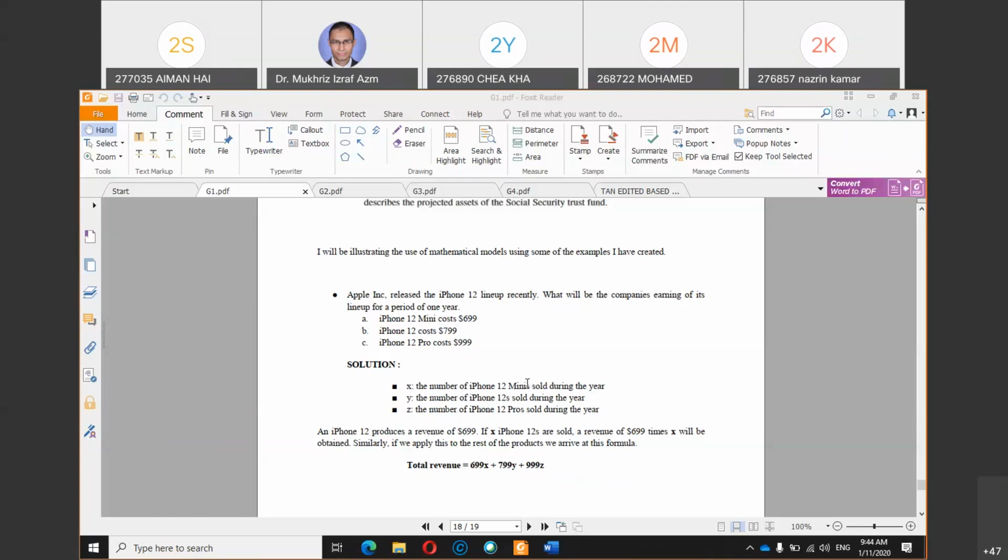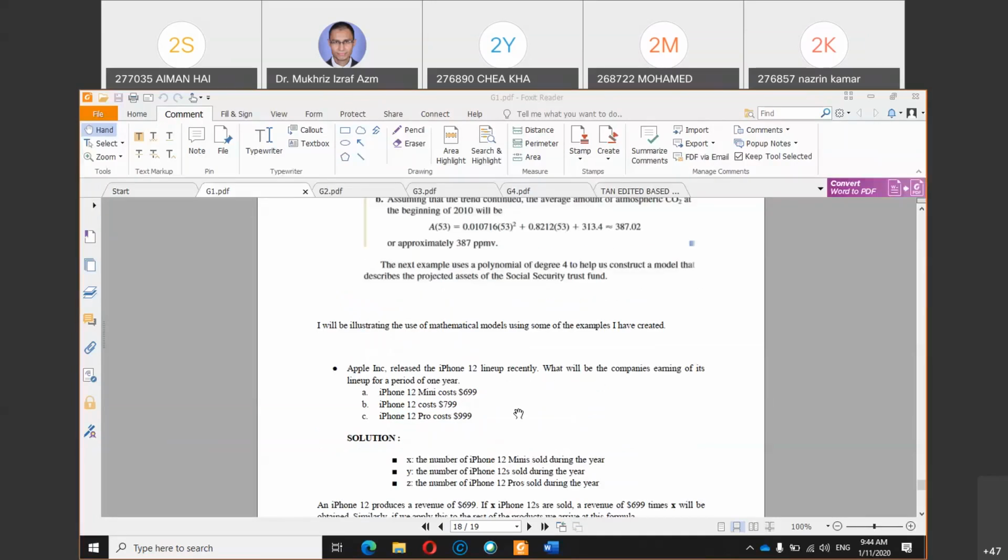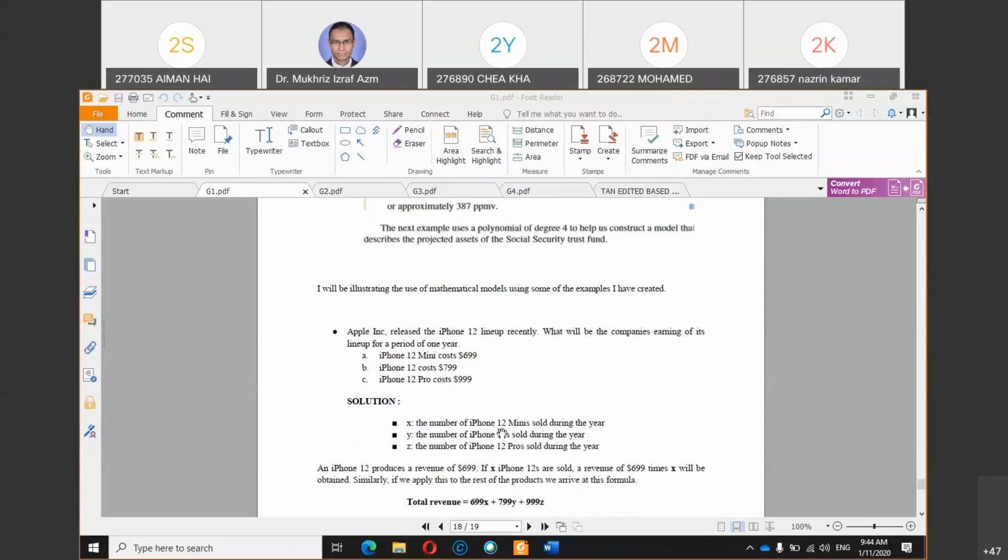We have 5 minutes to go. So you create your own example here, right? So who created this example here? It seems a very recent example. I think Abdul Sattar, I'm not sure.